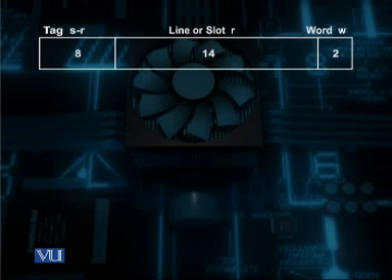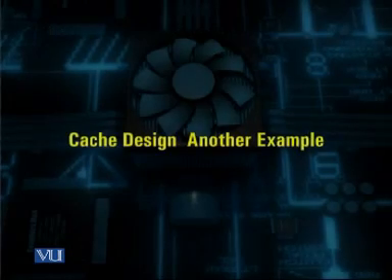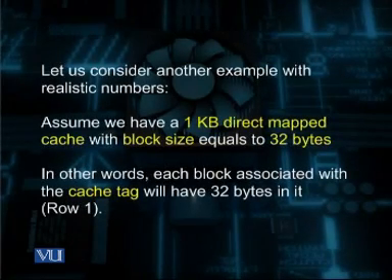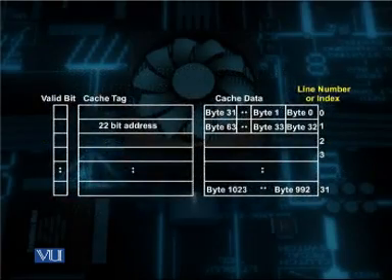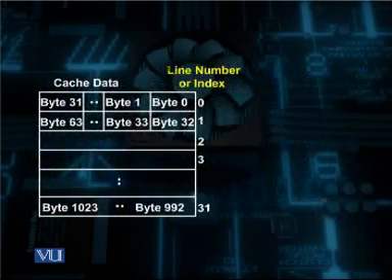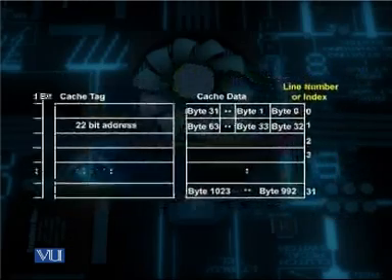In order to further understand the address translation, let us reconsider our previous example of a main memory of 4 gigabytes, that is, it has an address field of 32 bits.